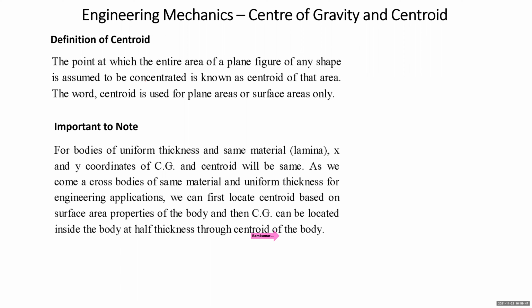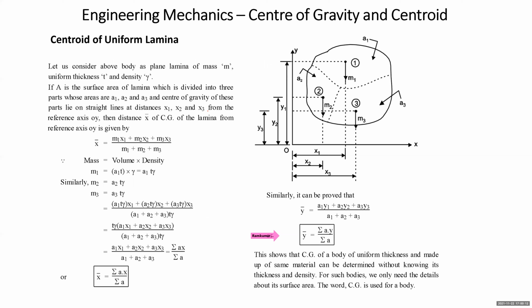So we don't need to use our physics formula to find x bar and y bar, that is, x bar is m1 x1 plus m2 x2 plus m3 x3 divided by m1 plus m2 plus m3, or y bar is m1 y1 plus m2 y2 plus m3 y3 divided by m1 plus m2 plus m3. We can use our surface area based formula: x bar is summation ax upon summation a, and y bar is summation ay upon summation a, as proved in the previous part.